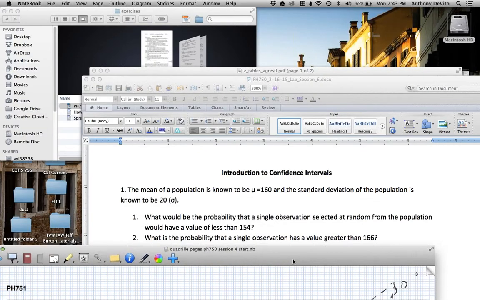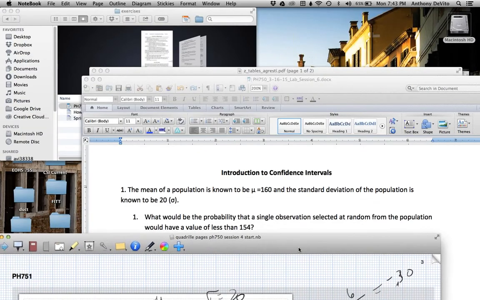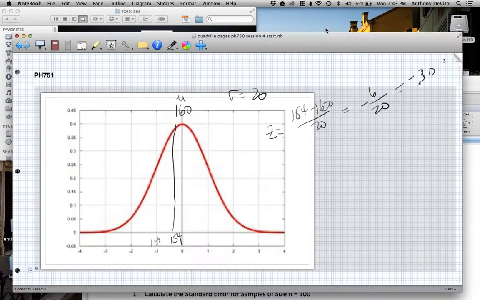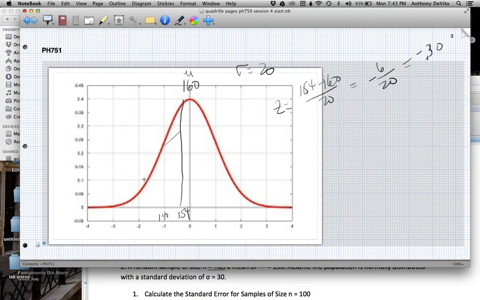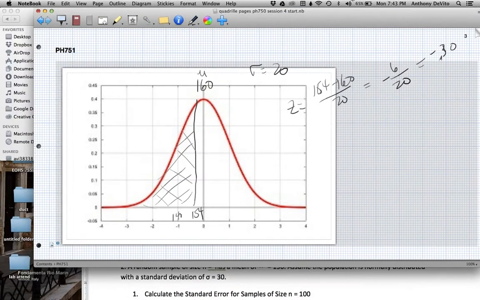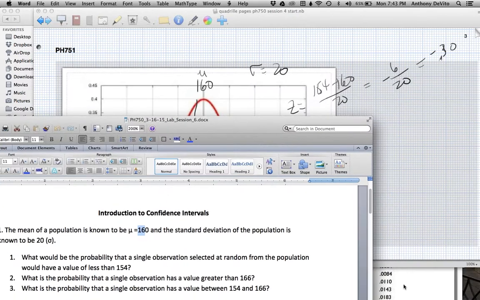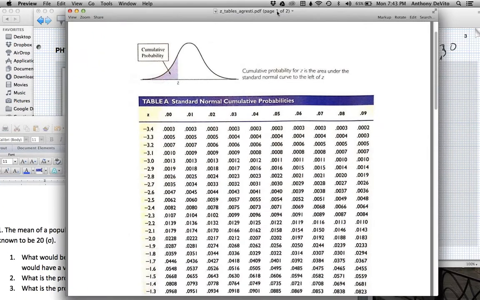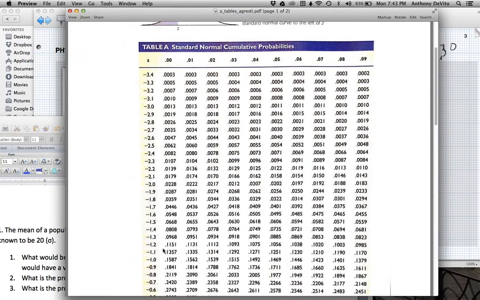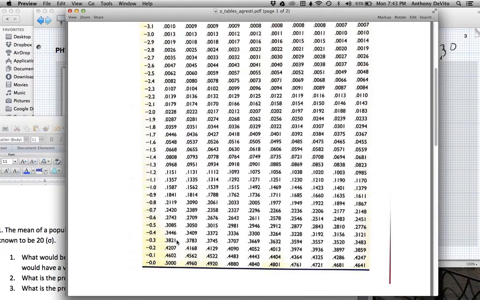And what did I ask? What was the question there? What's the probability a single observation would have a value of less than 154? So here's all the possibilities that you would pick somebody out at random that would be less than 154. So I'm going to use my z-table and look up that z-score, negative 0.30.